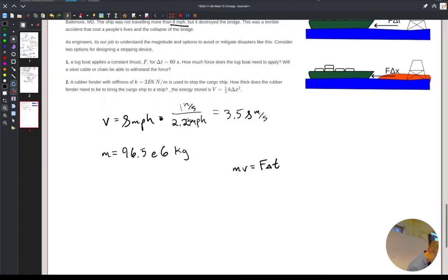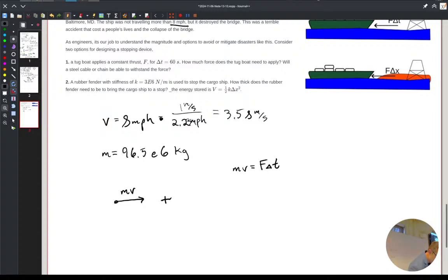So I saw a nice diagram here, this impulse-momentum diagram. I have an initial momentum, traveling to the right, with momentum mv.